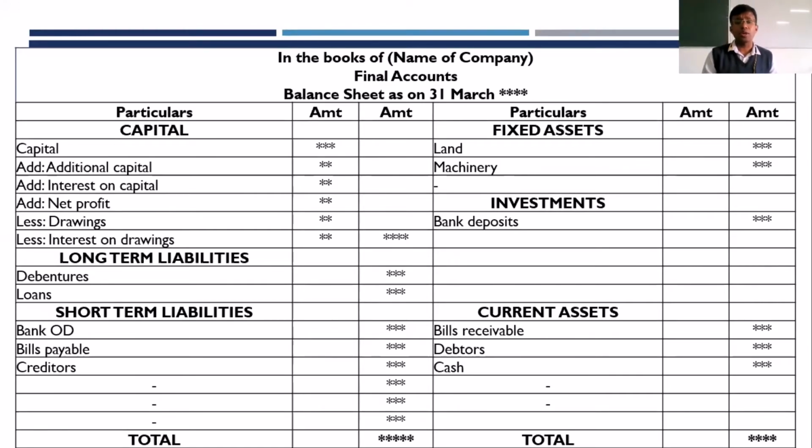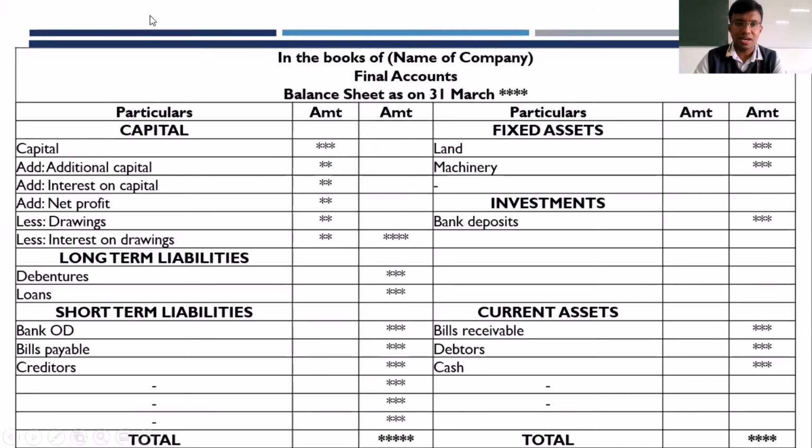The placement of the items within the balance sheet is referred to as grouping and marshalling. There are two main formats: one is called the order of permanence and the other is called the order of liquidity.